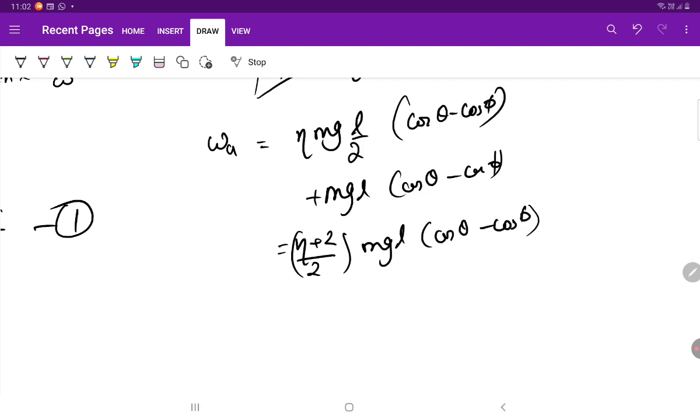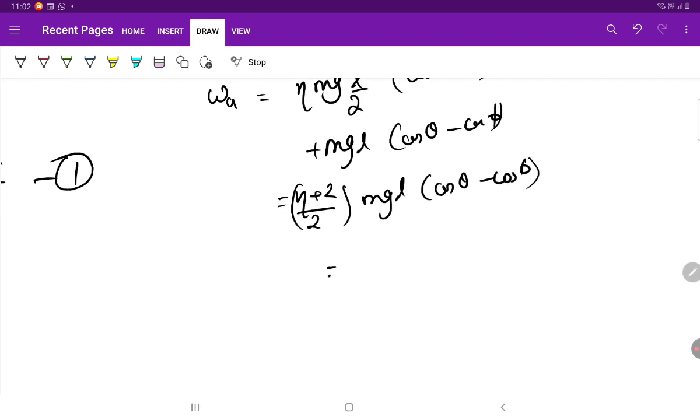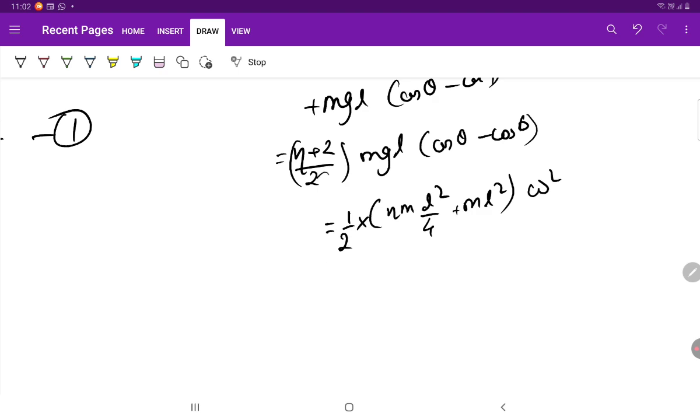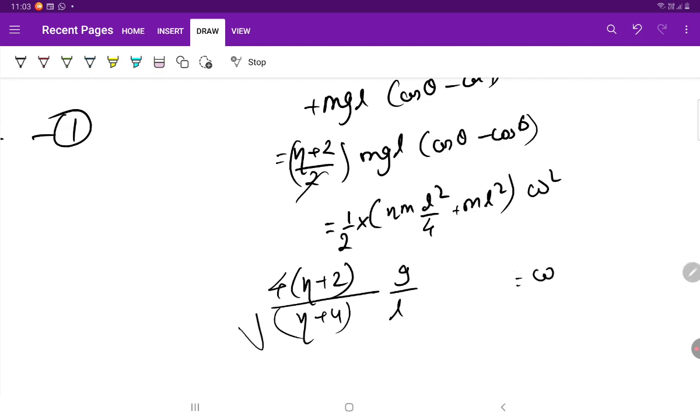And the kinetic energy gained can be written as half the moment of inertia of the system, and the moment of inertia will be (eta m l square by 4 plus m l square) into omega square. With further simplification, you will get omega as the root of (4 eta plus 2 upon eta plus 4) into g by l times (cos theta minus cos phi).